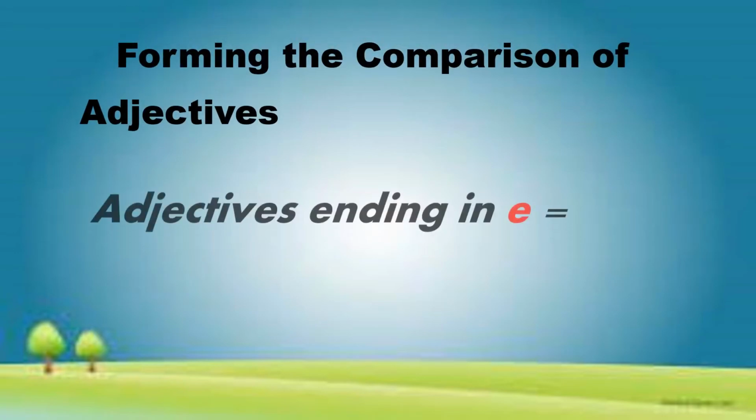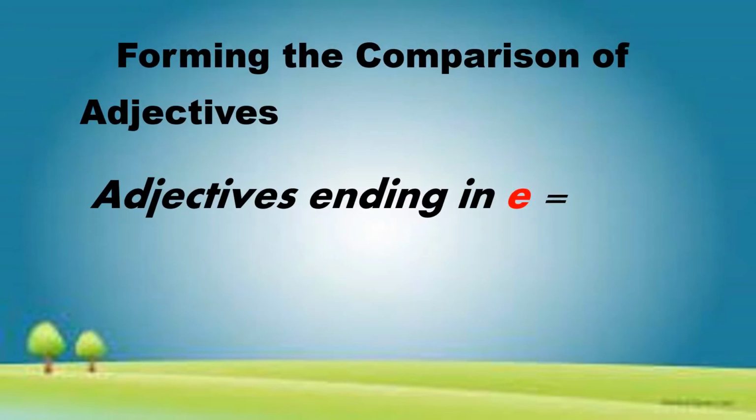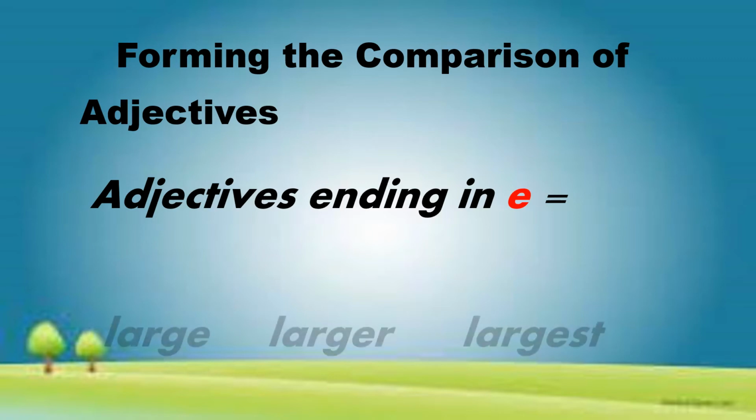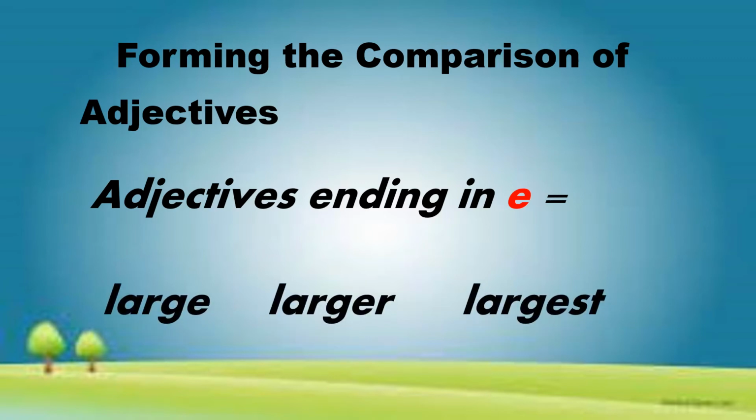How about adjectives ending in E? For example, the positive is large. So it ends with the letter E. In the comparative degree, it becomes larger, and then in the superlative degree, it becomes largest.